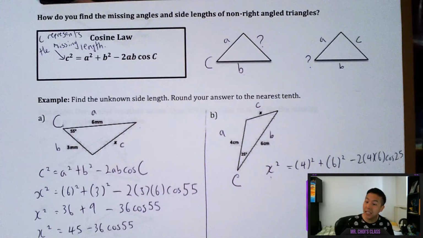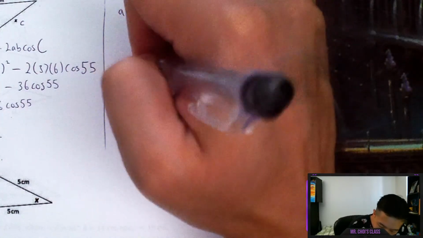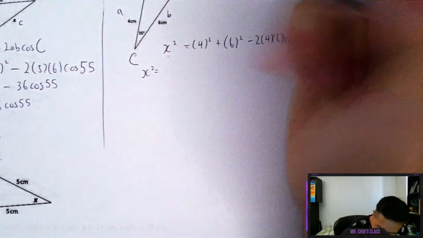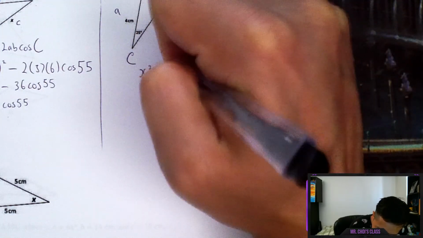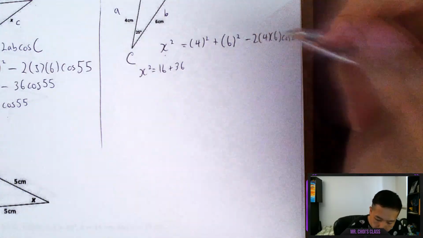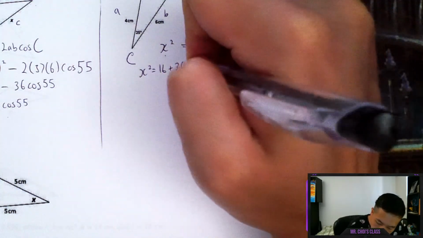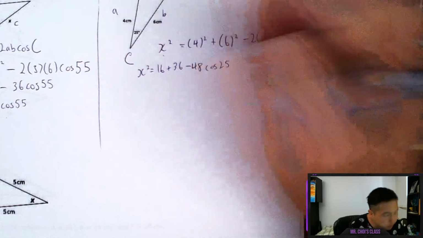Okay? Pretty interesting stuff. So, when we solve this out, we're going to get x squared is equal to 4 squared, which is 16, plus 6 squared, which is 36, minus 2 times 4 times 6, so 8 times 6, which is 48, cosine 25. Okay?